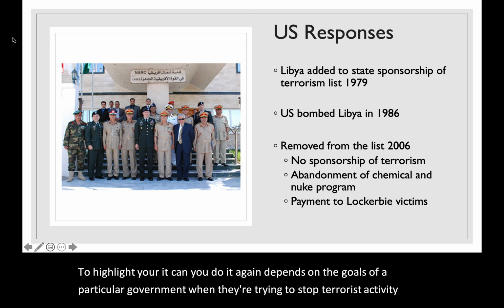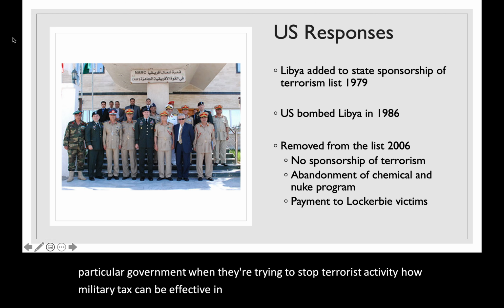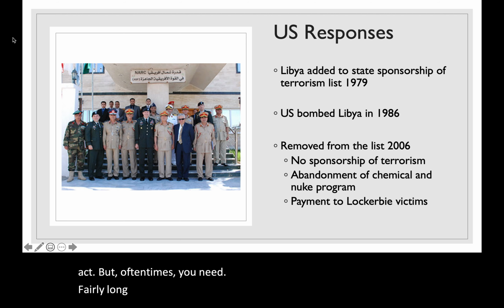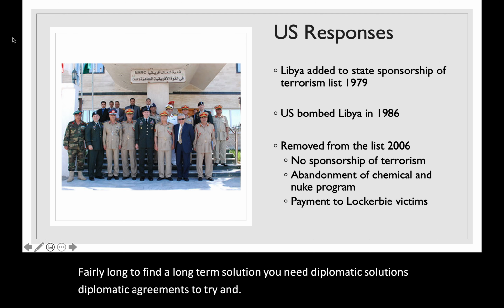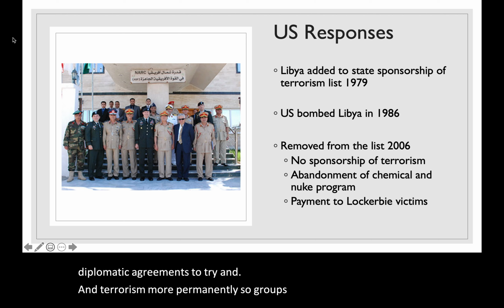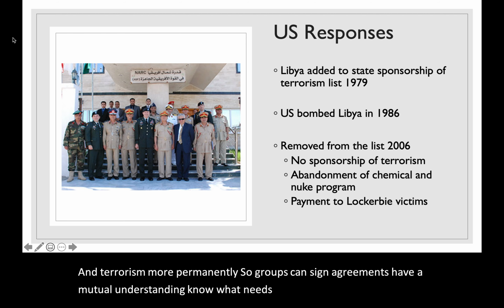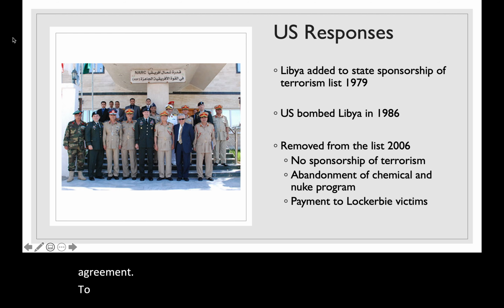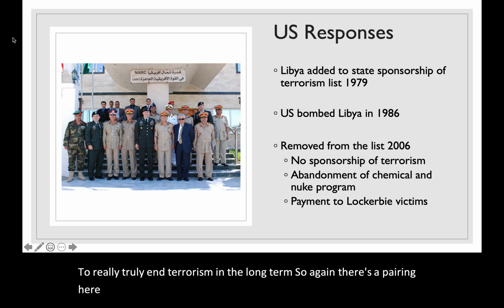Military attacks can be effective in crippling a group's imminent capacity to act, but oftentimes, to find a long-term solution, you need diplomatic solutions, diplomatic agreements to try and end terrorism more permanently. So groups can sign agreements, have a mutual understanding, know what needs to be done, and start to build an element of trust that they will both go along with their side of an agreement to really truly end terrorism in the long term. So again, there's a pairing here of military and diplomatic elements.